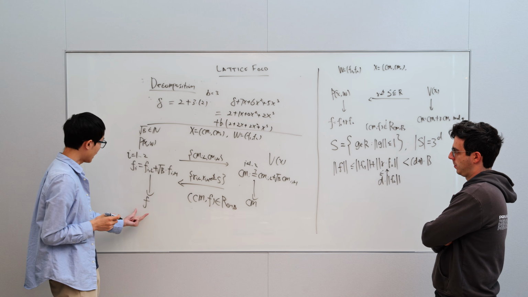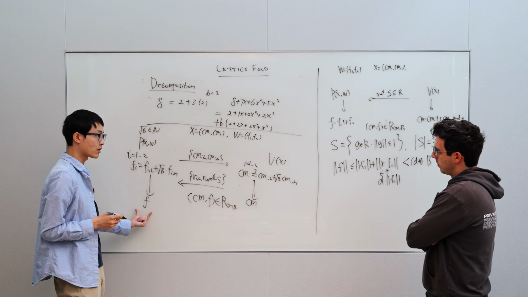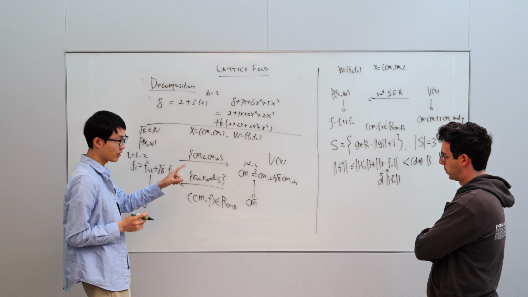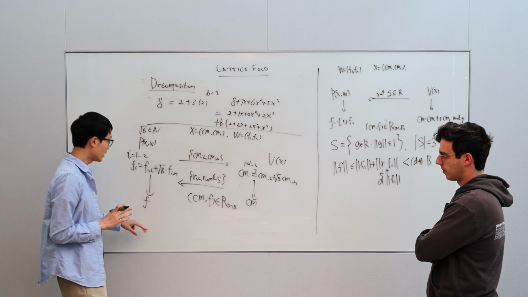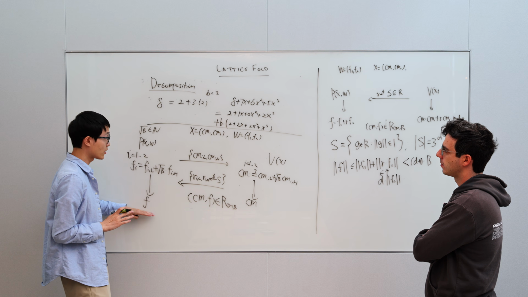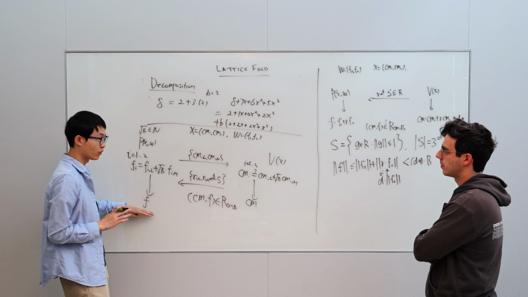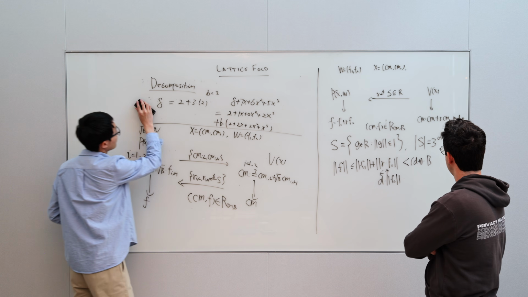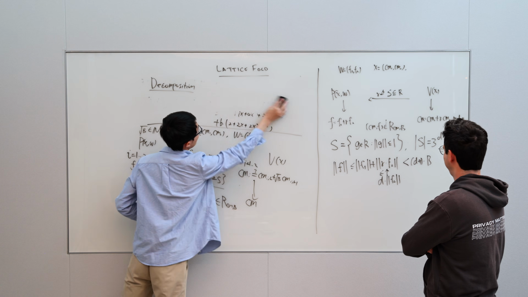Why? Because the norm of F is now much smaller. First, it satisfies this matrix-vector multiplication relation, which is simpler to check. The key point is that I can also check that F has a much lower norm. Why? Because, let me erase this part.